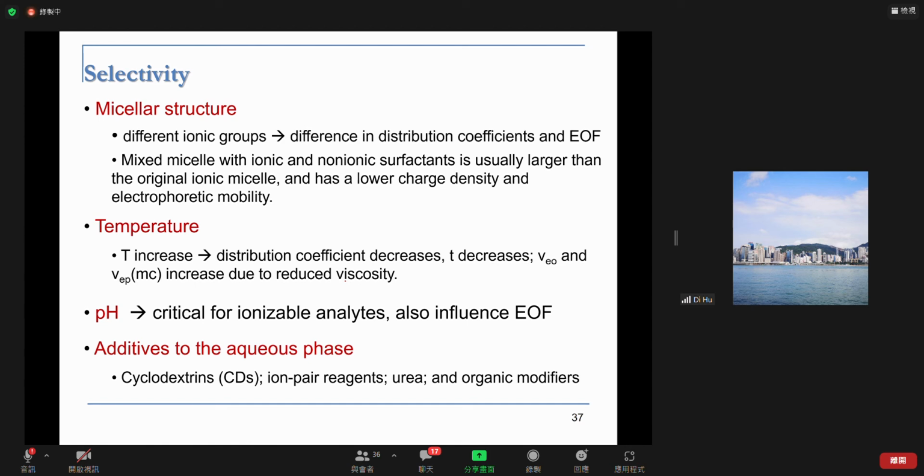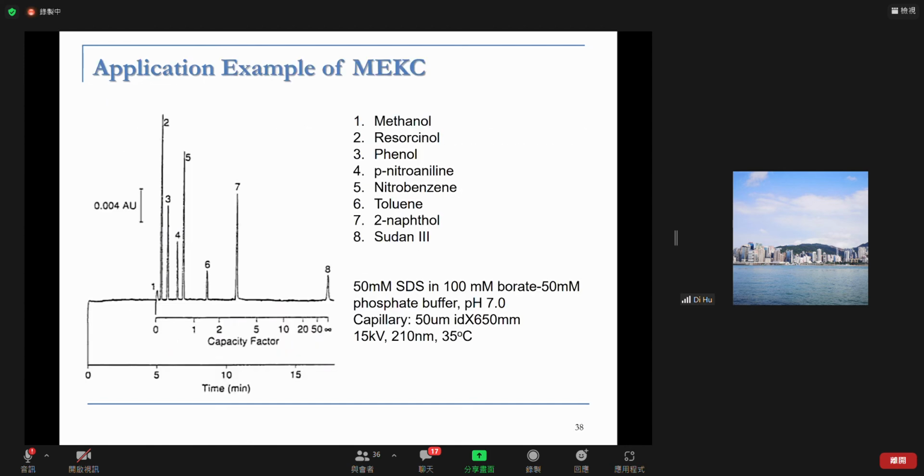That's it. So let's see the application. You can see now number 1, methanol, number 8, student 3. So this means T0, this is TMC. You can see that they add the surfactant, 50 millimole SDS, in 100 millimole of borate and 50 millimole phosphate buffer, pH 7.